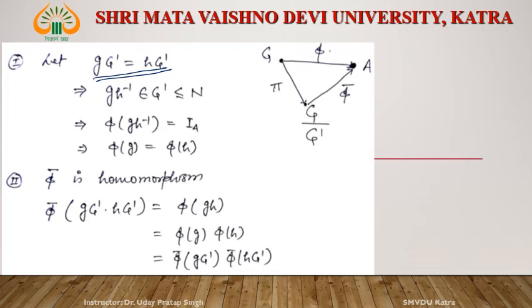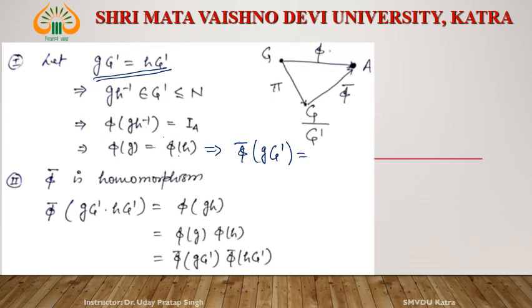Then g h inverse belongs to G prime means phi of g h inverse is identity, right? Why? What is phi g inverse? Since phi is a homomorphism, therefore phi g phi h inverse, and phi g equals phi h. Okay. What is phi g? This is phi bar g G prime.